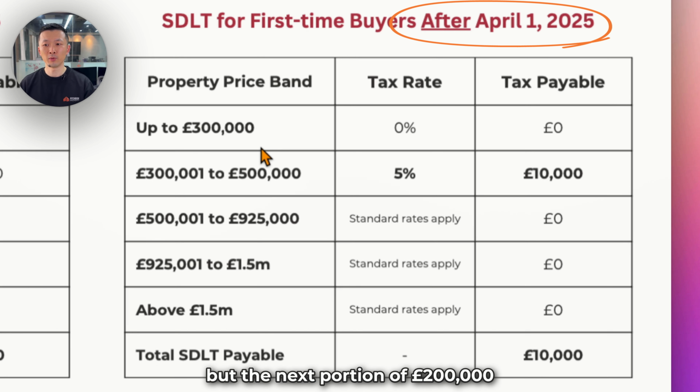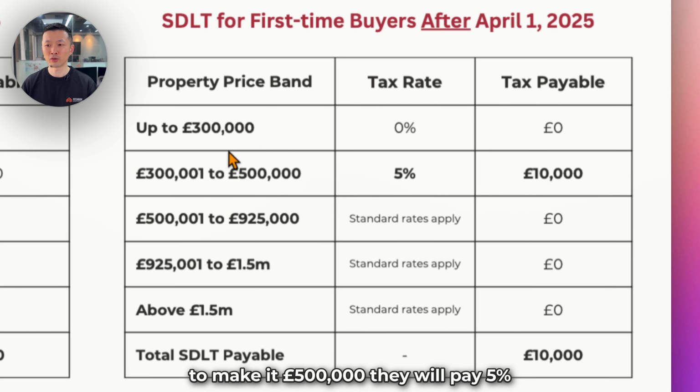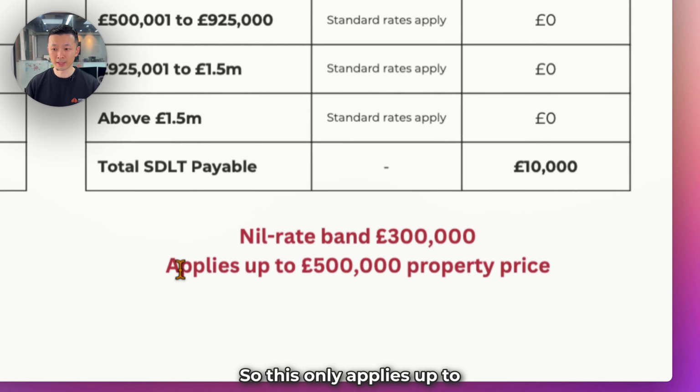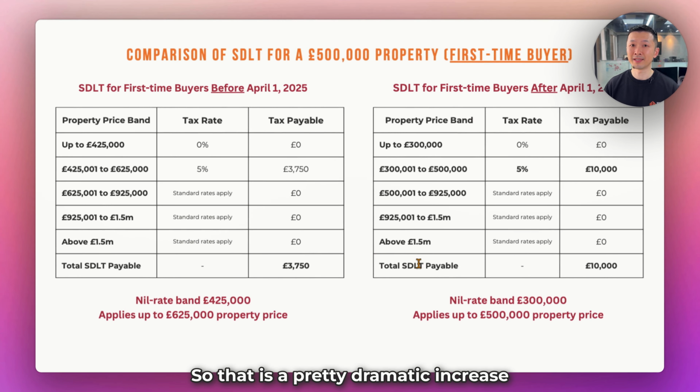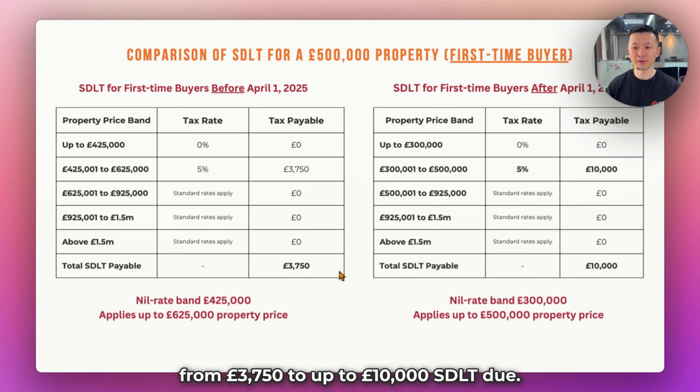But on the next portion of £200,000 to make it £500,000, they will pay 5%, meaning their stamp duty is £10,000 in total. This only applies up to £500,000 as a property purchase price. So that is a pretty dramatic increase from £3,750 up to £10,000 SDLT due.